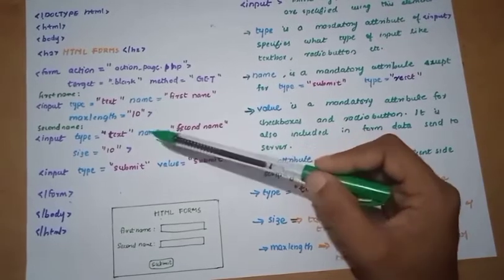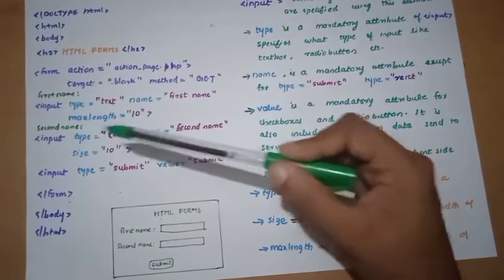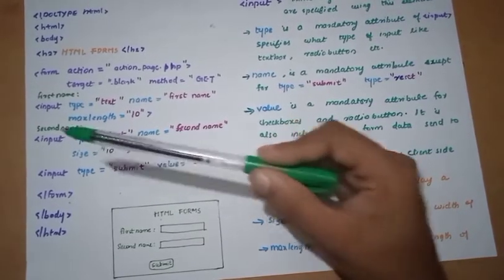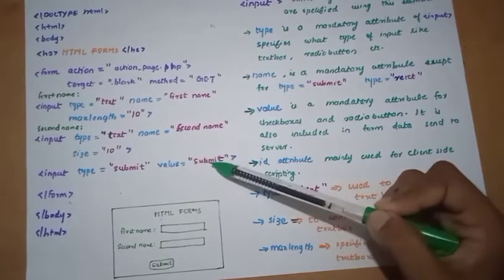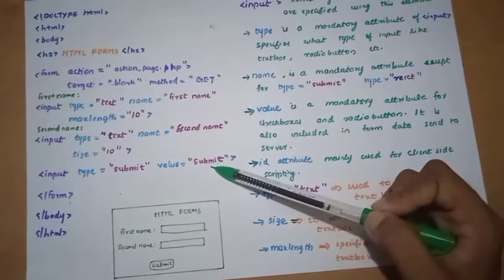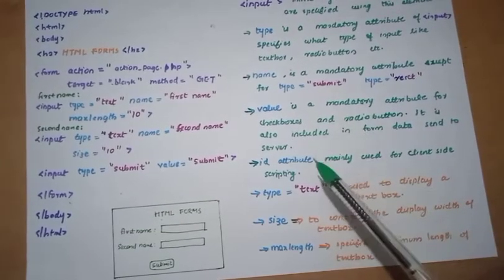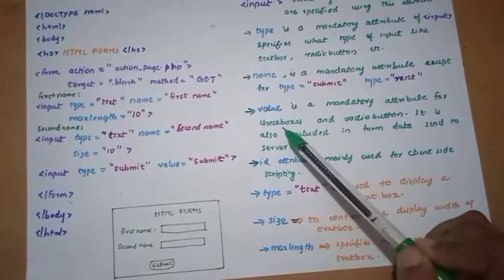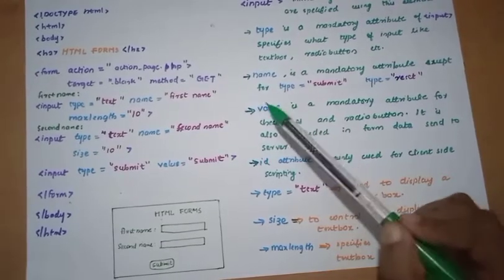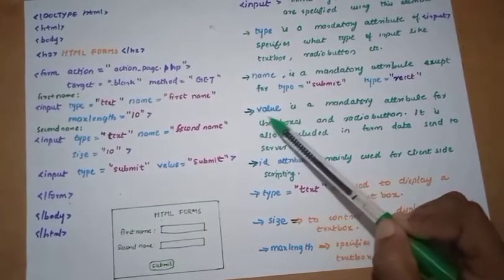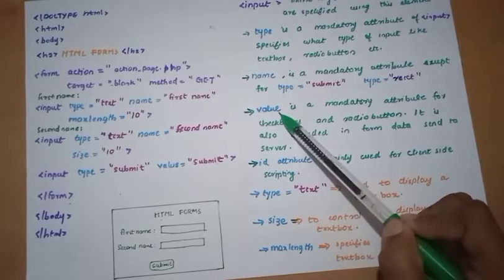Likewise, name is another mandatory attribute except in the case of submit and reset. For radio buttons and checkboxes, we have to mention the value because there it is the mandatory attribute.